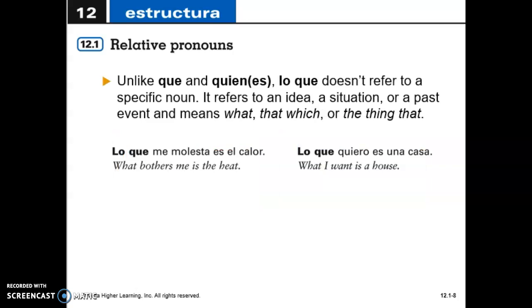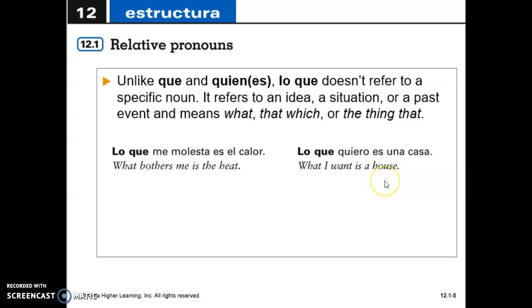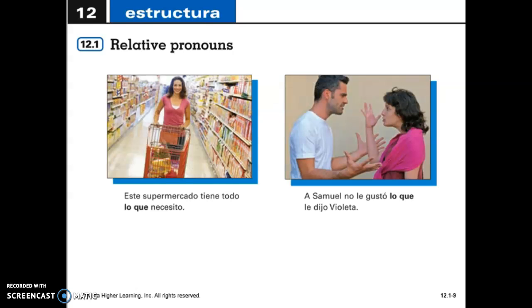So that means that I don't really explain what I'm talking about. I'm just saying, lo que me molesta es el calor. What bothers me is the heat, okay? Lo que quiero es una casa. What I want is a house. It's just to emphasize a little bit what I want or what bothers me, okay?